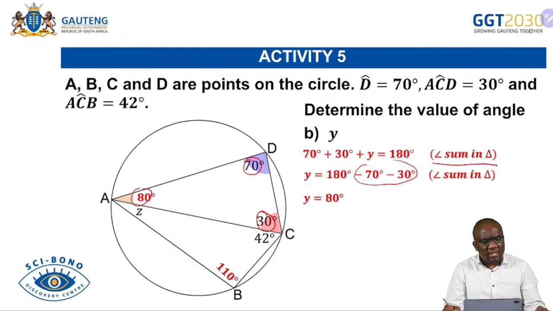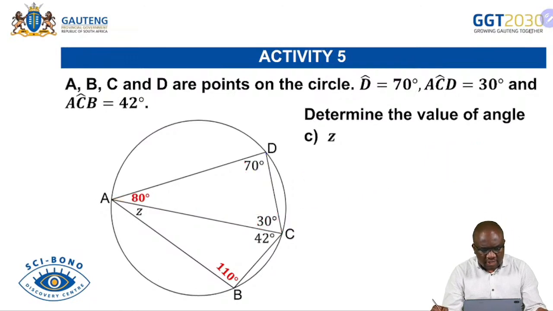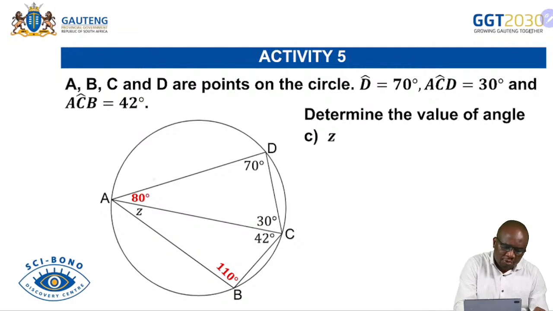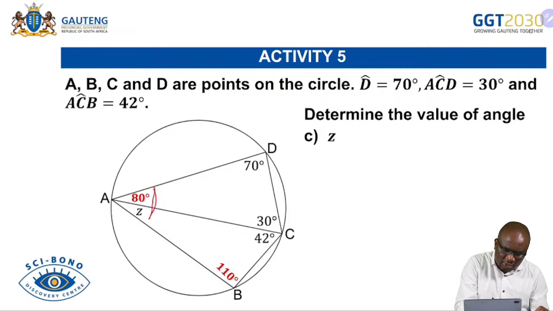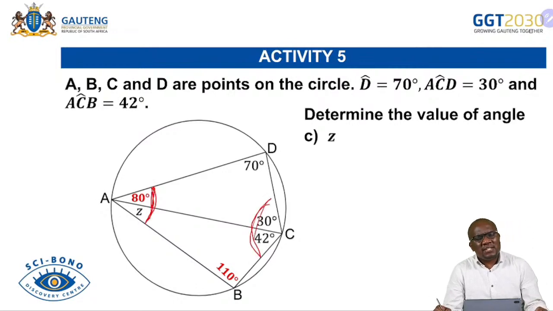You see that? If you look at the diagram and the information before you look at the question, it will make your life very, very easy. And then z, now we can even use angles in a triangle, but I want to show you, because I'm emphasizing the opposite angles of a cyclic quad. So this angle here plus this angle here must give us 180 degrees because these are opposite angles of a cyclic quad.